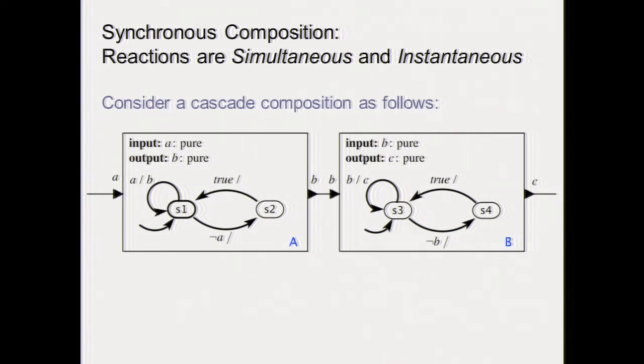So, consider a cascade composition like this. You have a finite state machine to the left and a finite state machine to the right. An input comes in, which is A. What will be the composed model of this machine? How many states are you going to get?